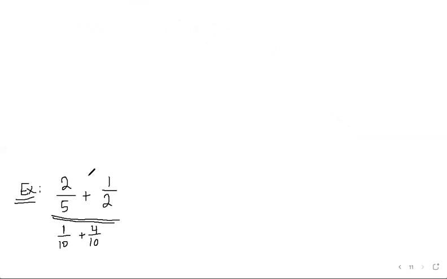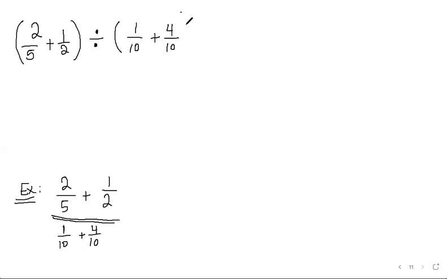So what about if you think about this question like that? 2/5 plus 1/2, all of this divided by 1/10 plus 4/10. For this question, look, it becomes more simple.